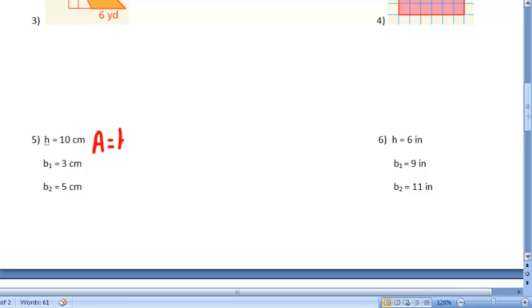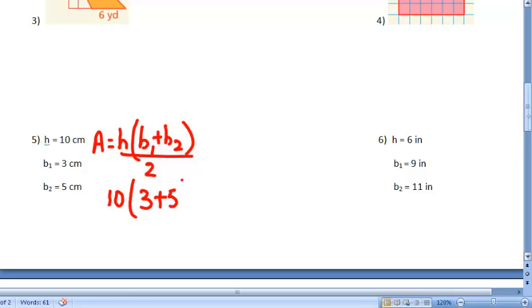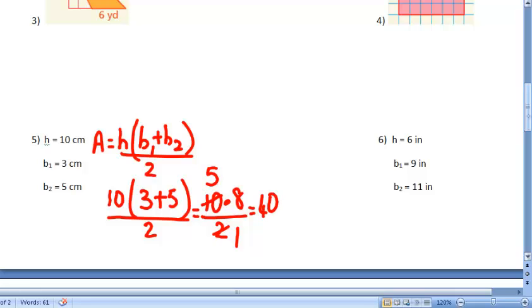Area is given as the height times the sum of the two bases divided by 2. In this case, the height is 10 times, one of the bases is 3, the other one is 5, divided by 2. That gives me 10 times 8 over 2. 2 goes 5 times into 10. 5 times 8 is 40, and the unit is centimeter square.